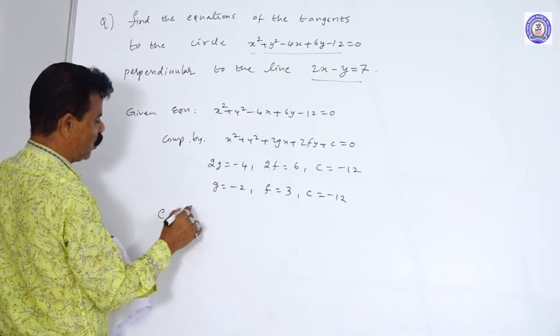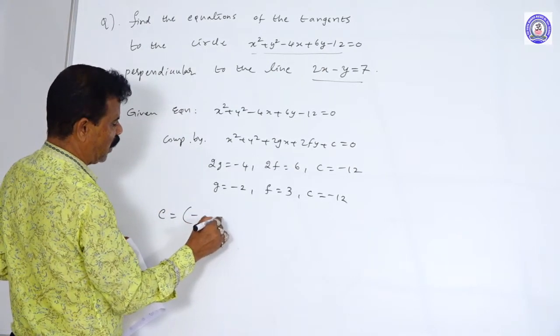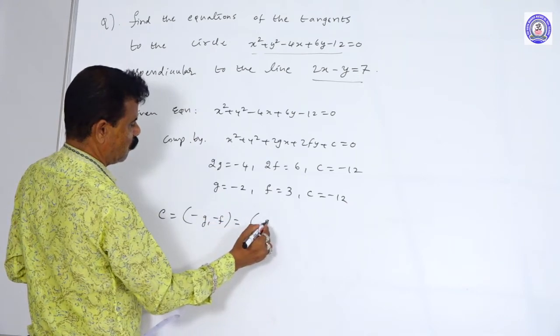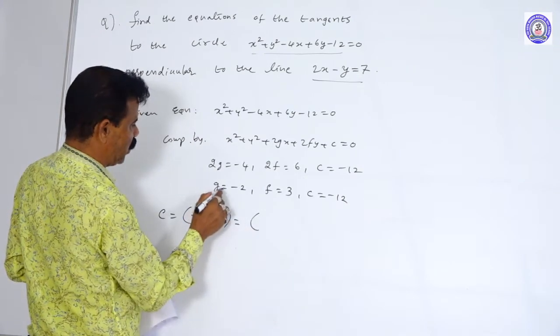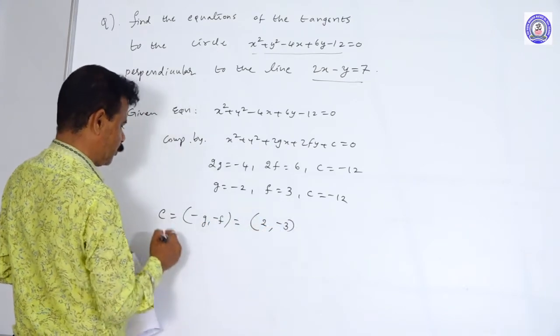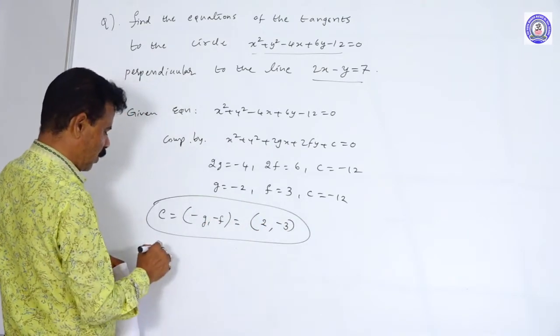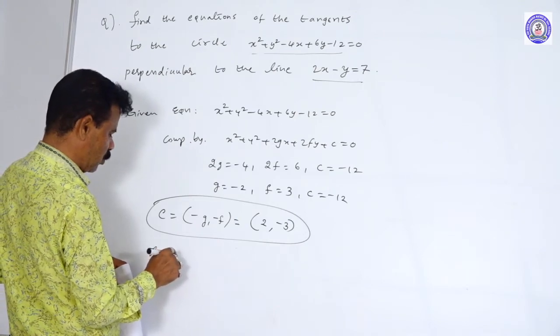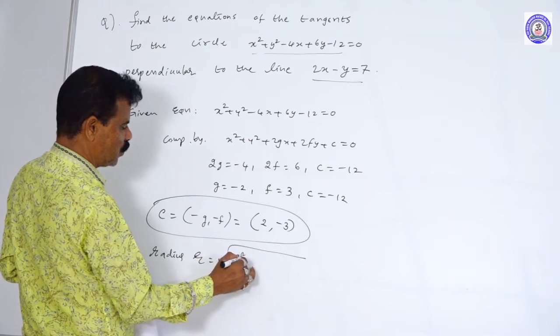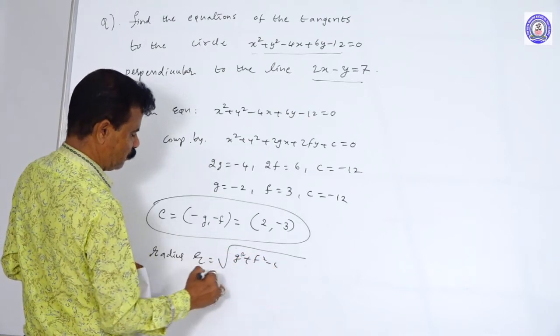So the center is (−g, −f), that is −g = +2, −f = −3. This is the center, and the radius r = √(g² + f² − c).